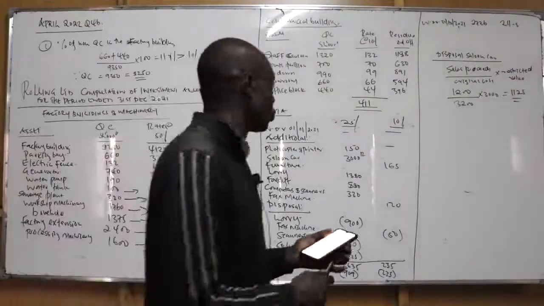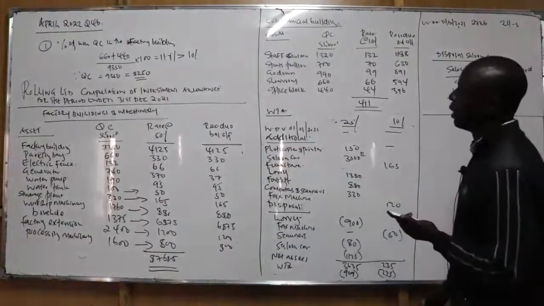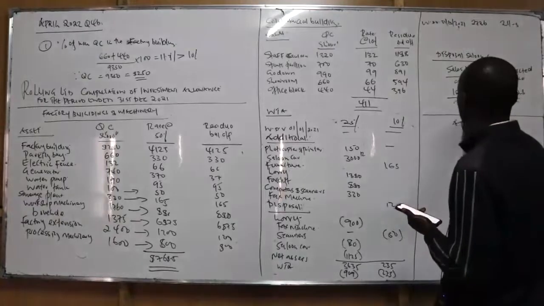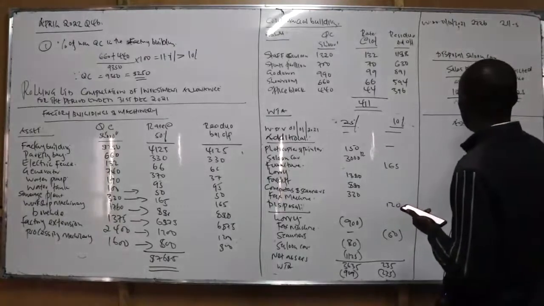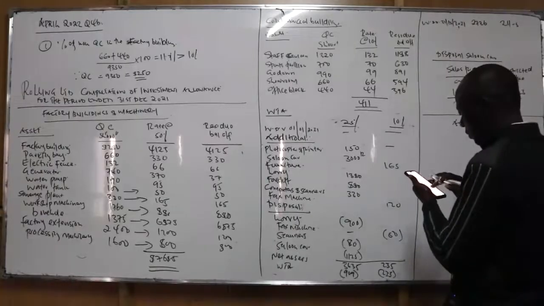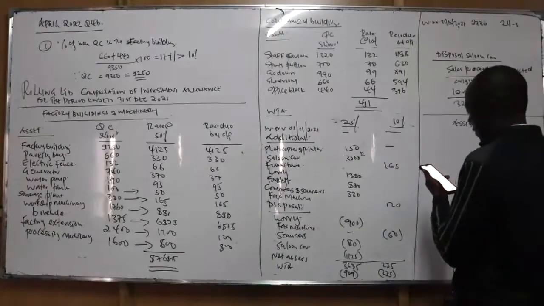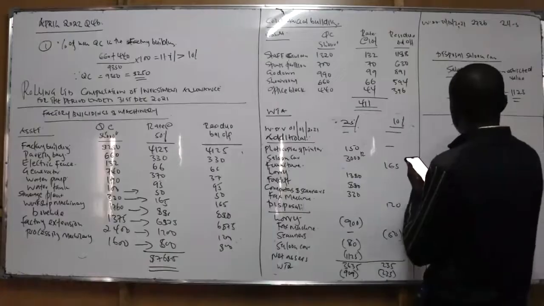For today, we're going to stop at that point, and then maybe tomorrow. I have given you an assignment. Let me write it here so that you don't forget. You attempt this one, and you can scan it and send it to my WhatsApp, and then I'll be able to check.